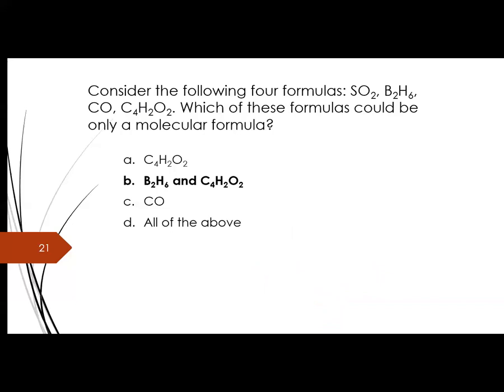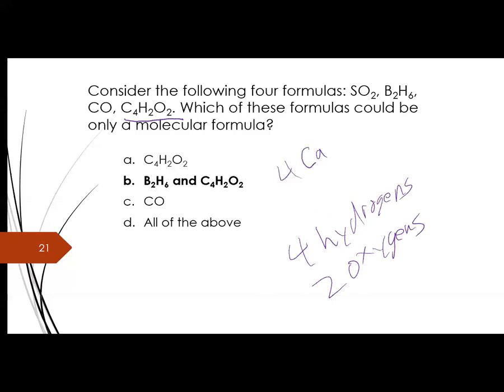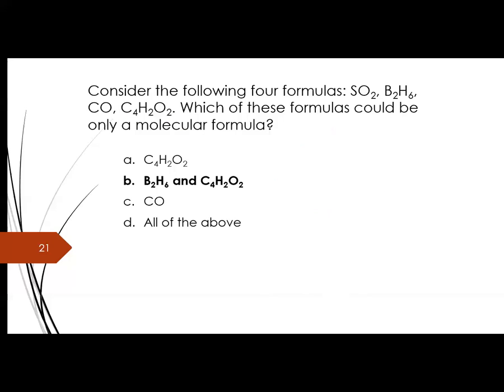So don't interpret C4H2O2 as 4 hydrogens and 2 oxygens. It really is 4 carbons, 2 hydrogens, and 2 oxygens. So keep that in mind.